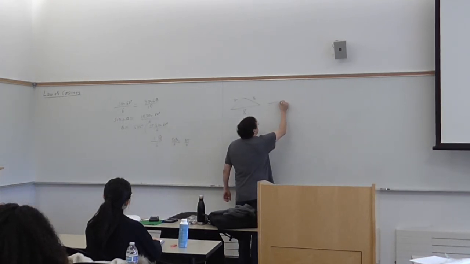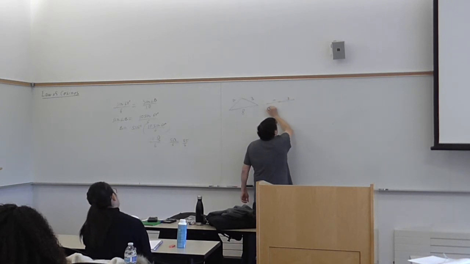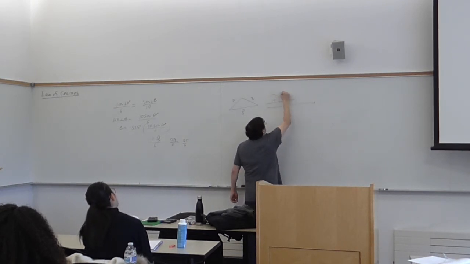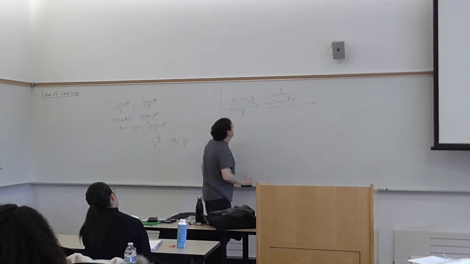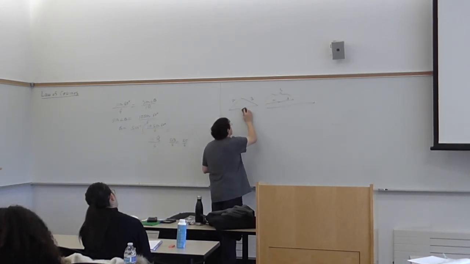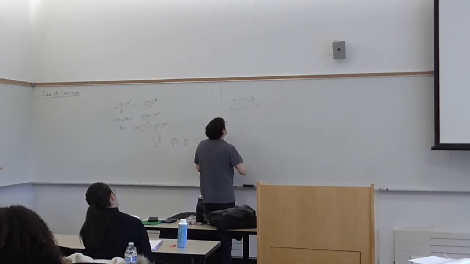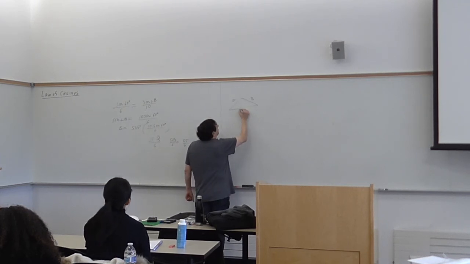Like, this is 2, this is 3, 8 would be over here, right? This is only 5, right? So that's kind of a non-problem. So let's make it reasonable. How about 4, right?